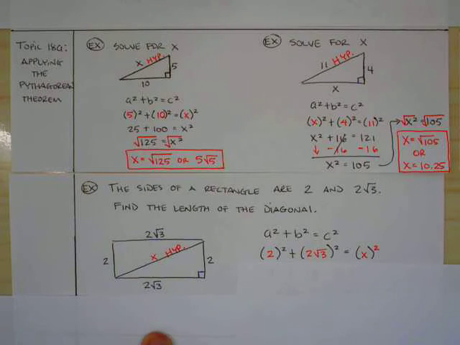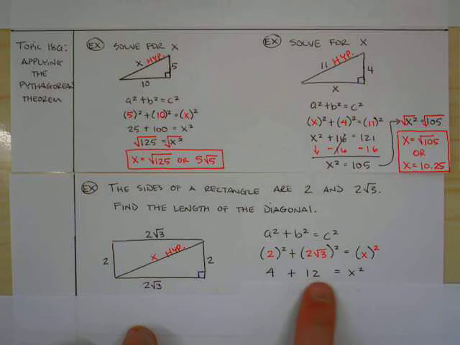So we say 2 squared plus 2 times the square root of 3 squared equals x squared. And remember, the two lengths of our legs squared and added together equals the square of our hypotenuse. 2 squared gives me 4. 2 times the square root of 3 squared gives me 12.